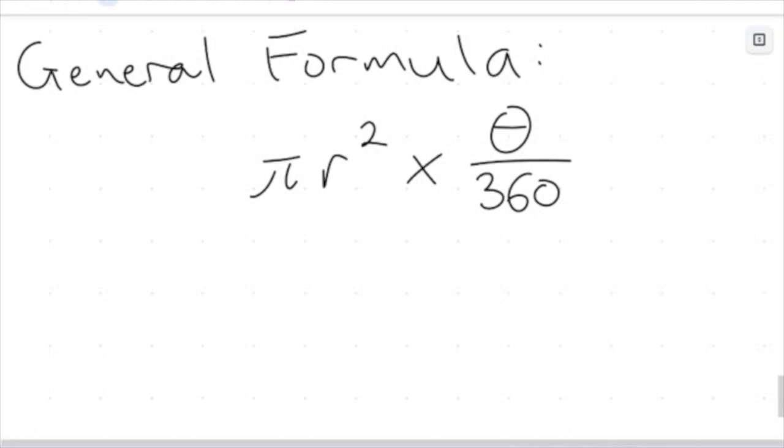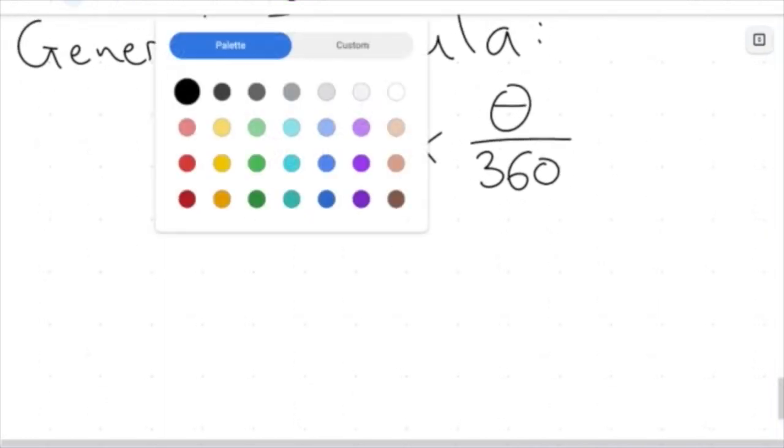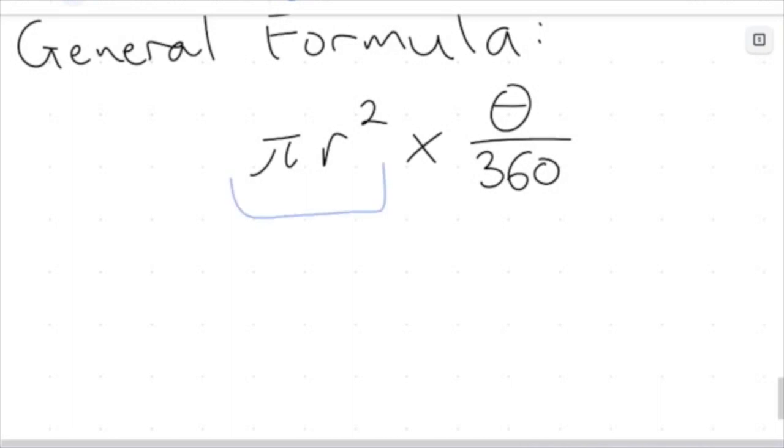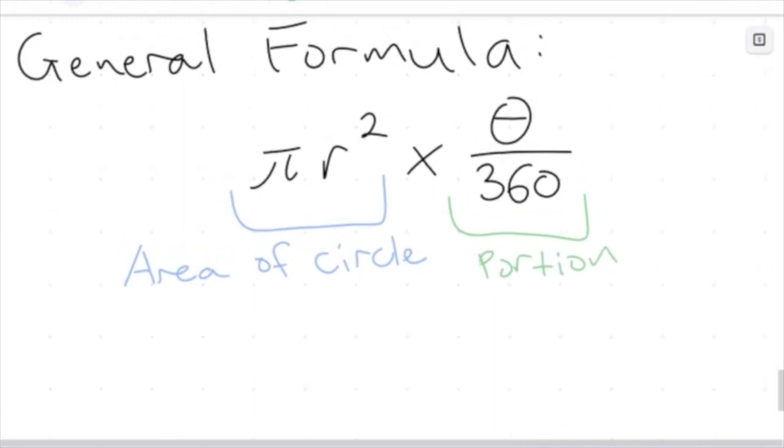My angle in the sector was always expressed as a fraction of a possible 360 degrees. And once again, I can split this up into the area of my whole circle, multiplied by my portion. That is how we can find the area of a sector.